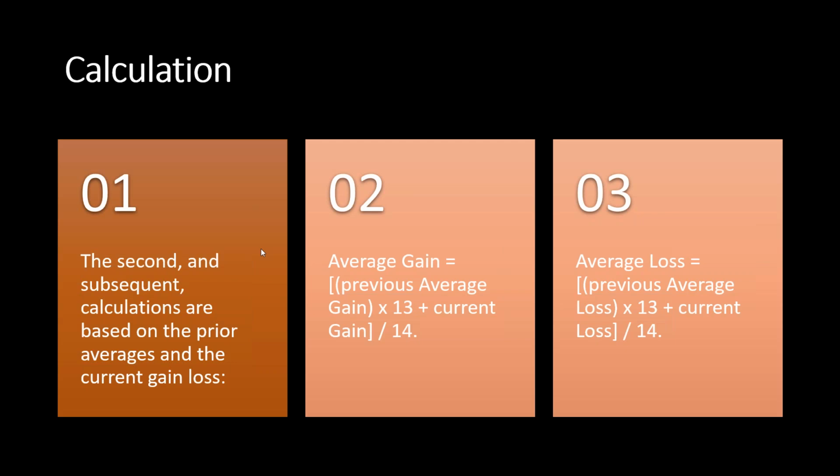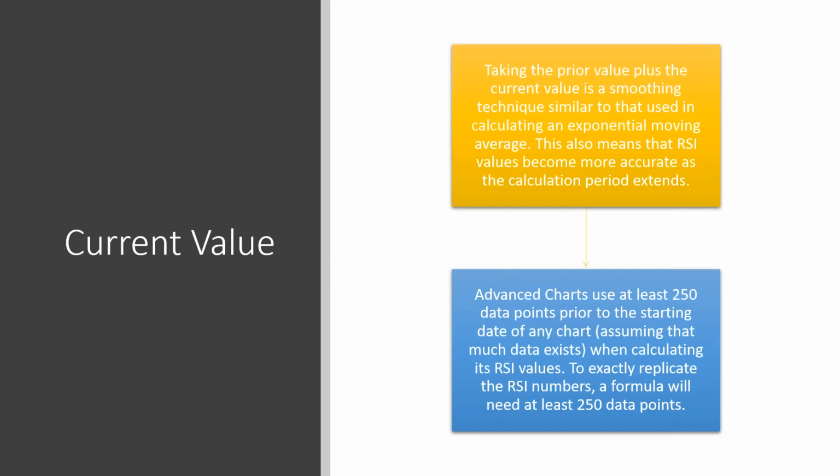So the second and the subsequent calculations really come down to the 13 previous periods going back, the gains, plus the gain of the current period, or the average loss, which is 13 plus the current one. Now, taking the prior value plus the current value is a smoothing technique similar to that used in calculating an exponential moving average.